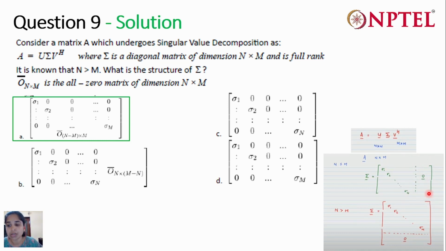However, if you have n greater than m, the rank is m. So sigma can be expressed as sigma 1 to sigma m. That will be an m-dimensional diagonal matrix, and then the other rows will be 0. So the answer is A.